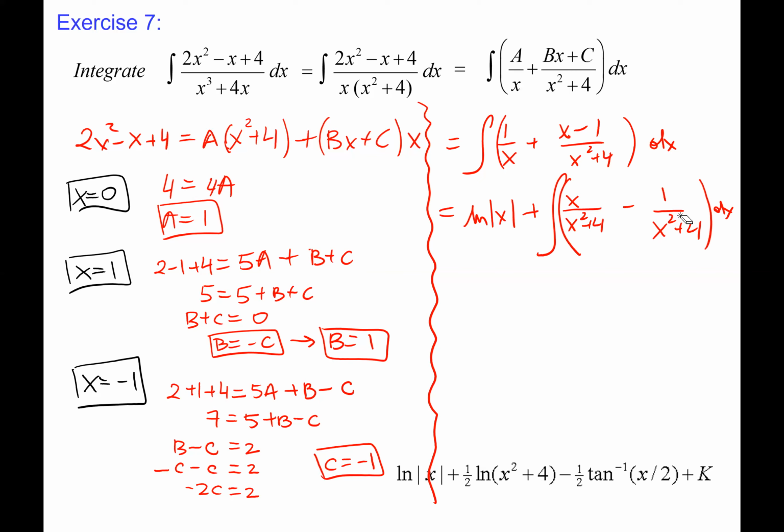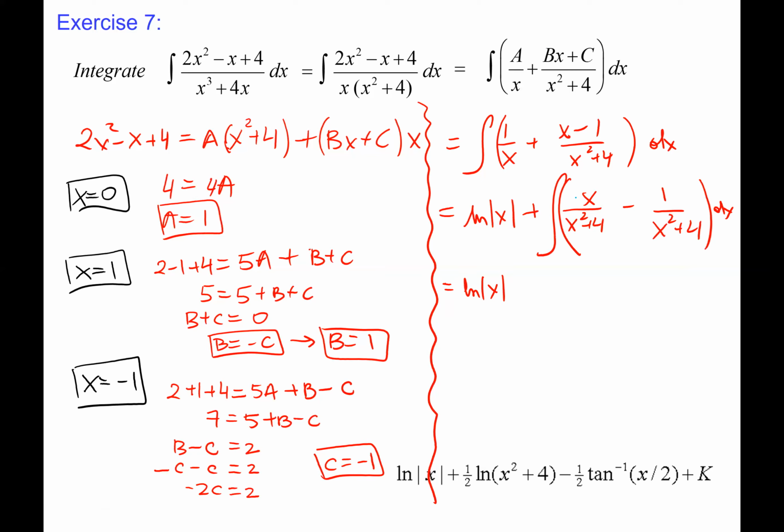Okay, now let me copy this. This one is good for u substitution. You probably can see that if you let u be the denominator, the x will cancel out, but the derivative of the denominator is 2x. That means you will have an extra half.